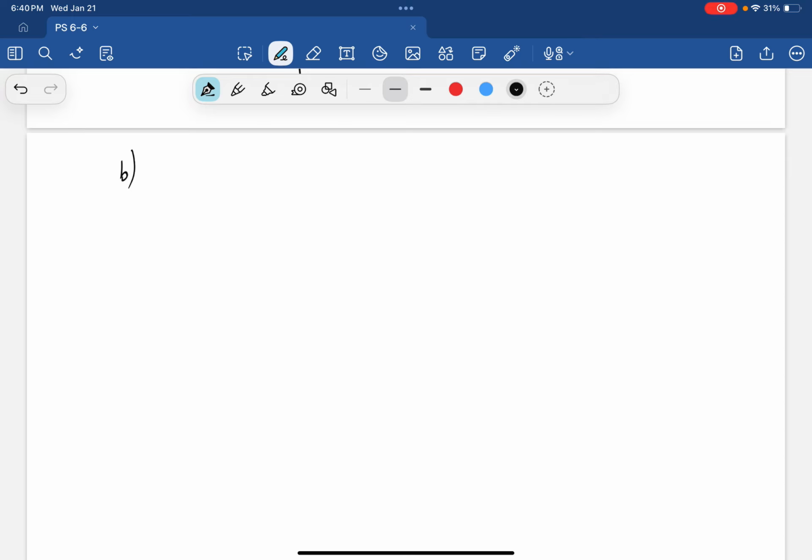Question B is quite similar. Let's first write it in exponential form.